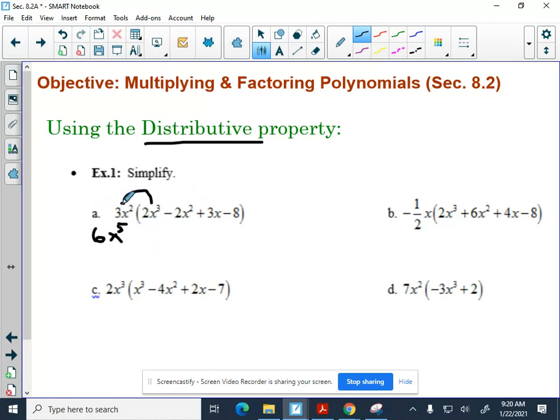Then we do the next term. A positive times a negative is a negative 6. And we add the exponents, so 2 and 2 make 4. Three times 3 is 9.